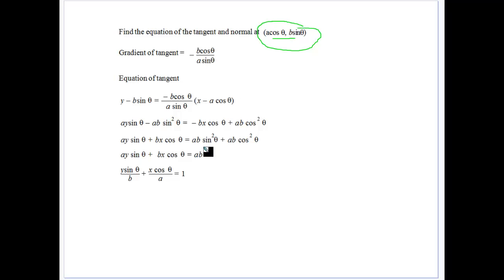Remember, and you can see this here where you get ab sine squared theta plus ab cos squared theta. Well, that would be ab outside of sine squared theta plus cos squared theta, which is equal to 1, which is able to come down and we can put it into the divide and get it all equal to 1 on that side. So there's our manipulation there. Again, have a look at the algebraic manipulation there, but it's coming back from the gradient of the tangent and just the equation of the straight line.